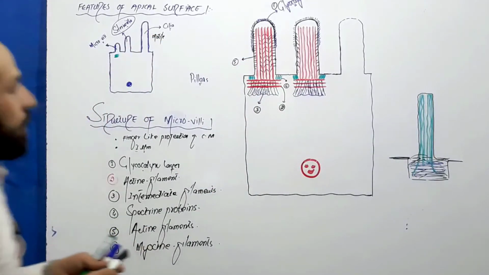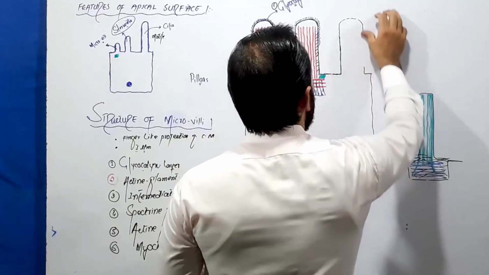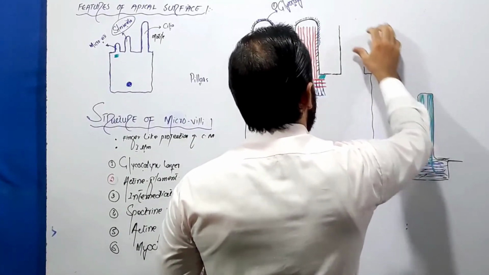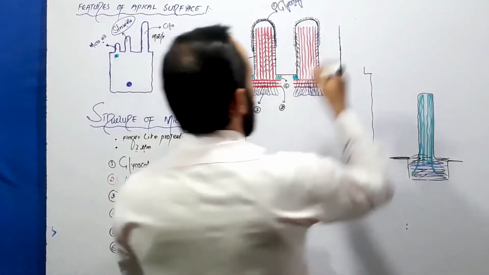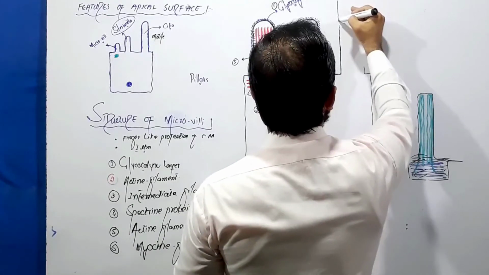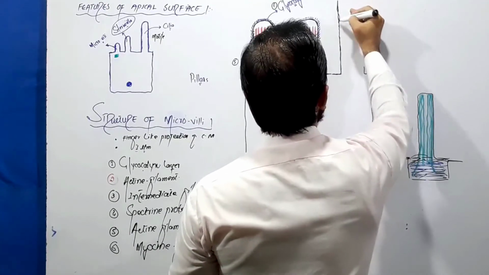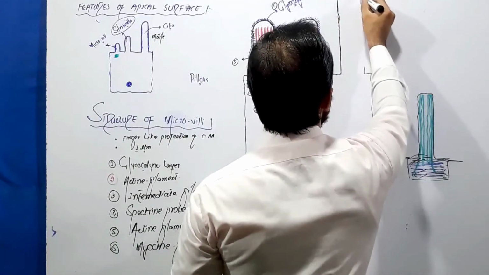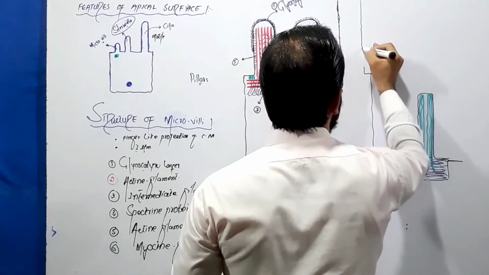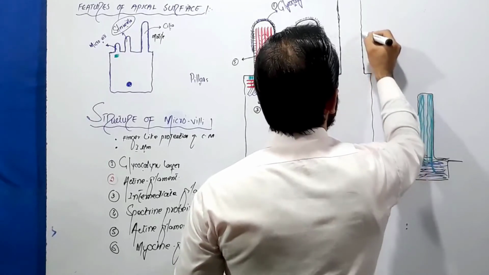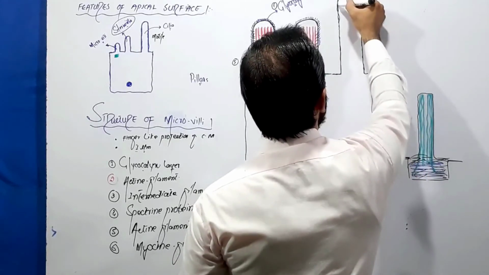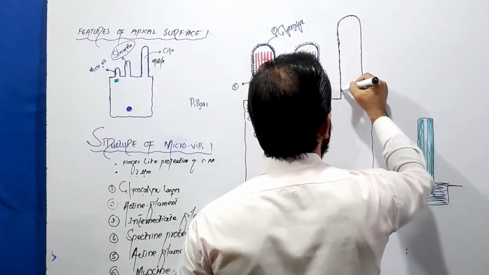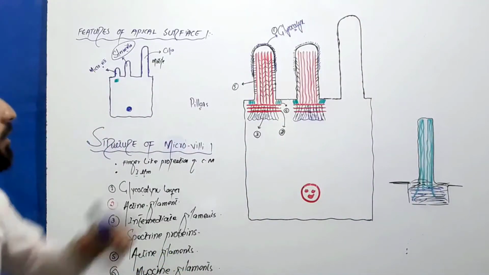So the next thing which is very important is that, as I had told you, if there is a little bit longer pillar, right? This is a short pillar and this is a little bit long pillar, right? Same is the structure, same is the composition, same is the arrangement, but the pillar is a little bit longer than these pillars.